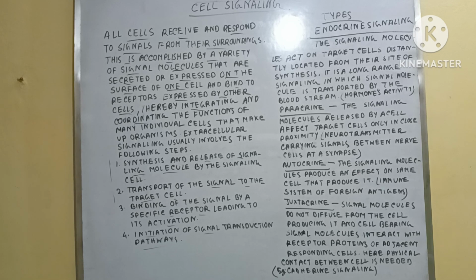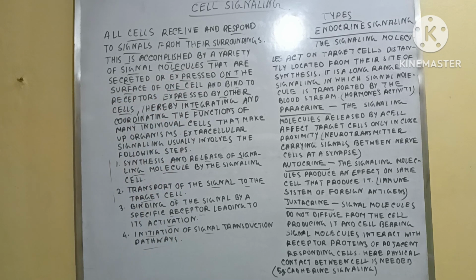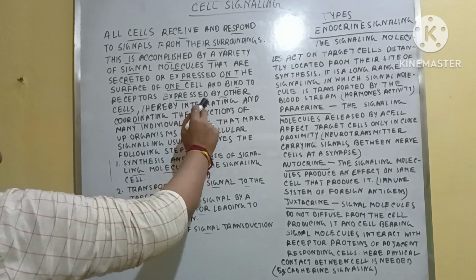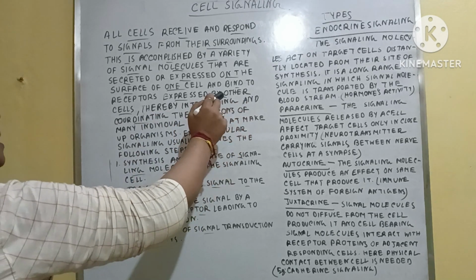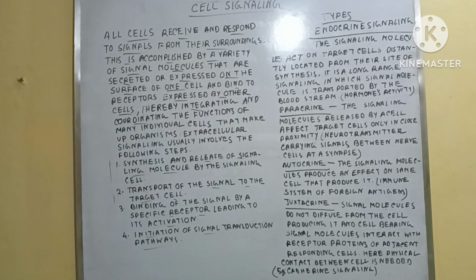The cells receive and respond to signals from their surroundings, and this is accomplished by a variety of signal molecules that are secreted or expressed on the surface of one cell and bind to receptors expressed by other cells, thereby integrating, or you can say the integration and the coordination of the cells is possible.